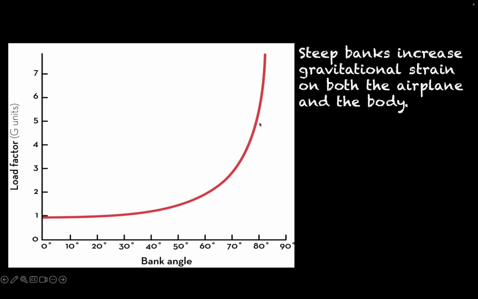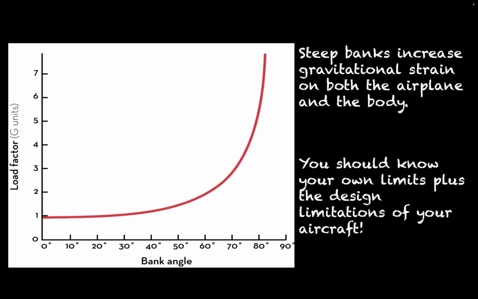So the lesson here is banks or turns should be done as gradually as possible to reduce the gravitational effect on the body and on the airplane. Anytime you're operating an airplane, you should obviously know the limits and design limitations of the aircraft, but also for your own body as well.